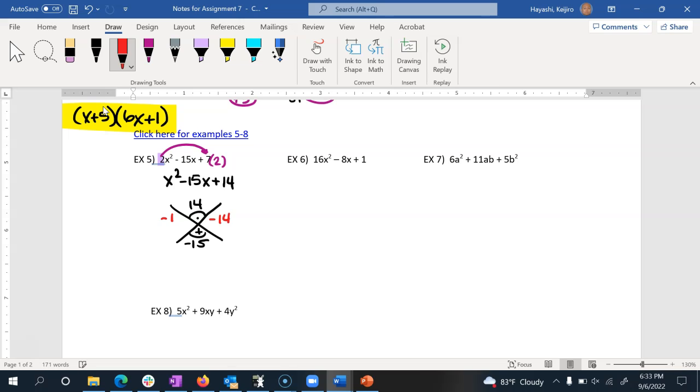Those will multiply to positive 14. Yes, they will, and they will add up to negative 15. But we got to divide by this 2. Yeah, so this negative 14 over 2 will reduce to negative 7, meaning that one of your factors is x minus 7. X minus 1. Yeah.